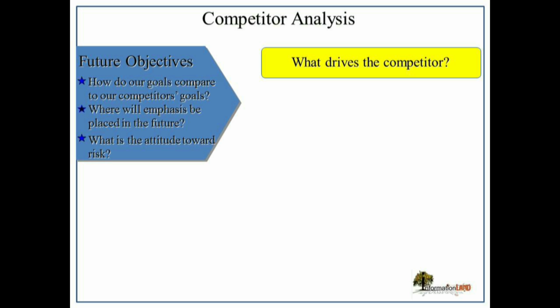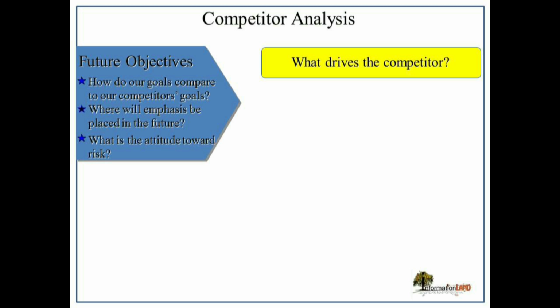First, there are the future objectives. How do our goals compare to our competitor goals? Basically, companies tend to make a list of goals and understand these are the goals which we want to achieve in a certain time of a strategy. Competitors also address this goal setting, and in their annual reports, when you study them, you know what their goals are.